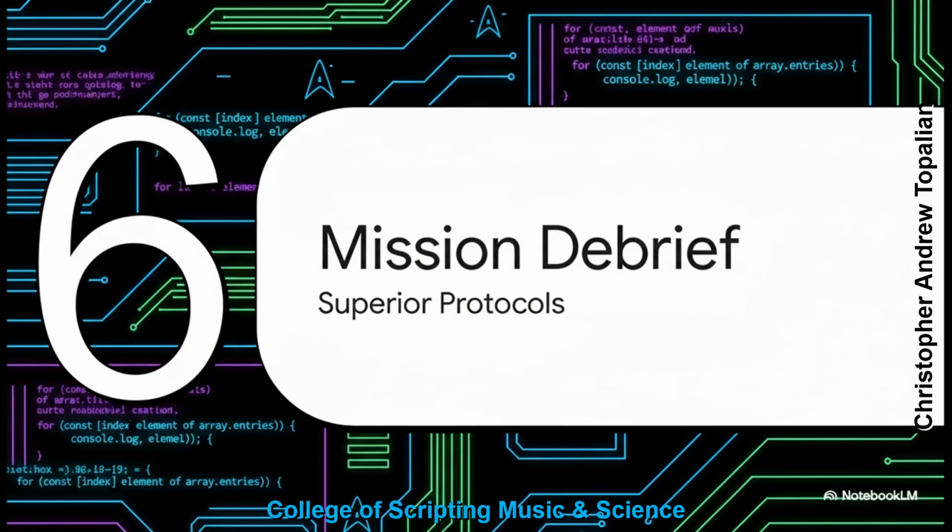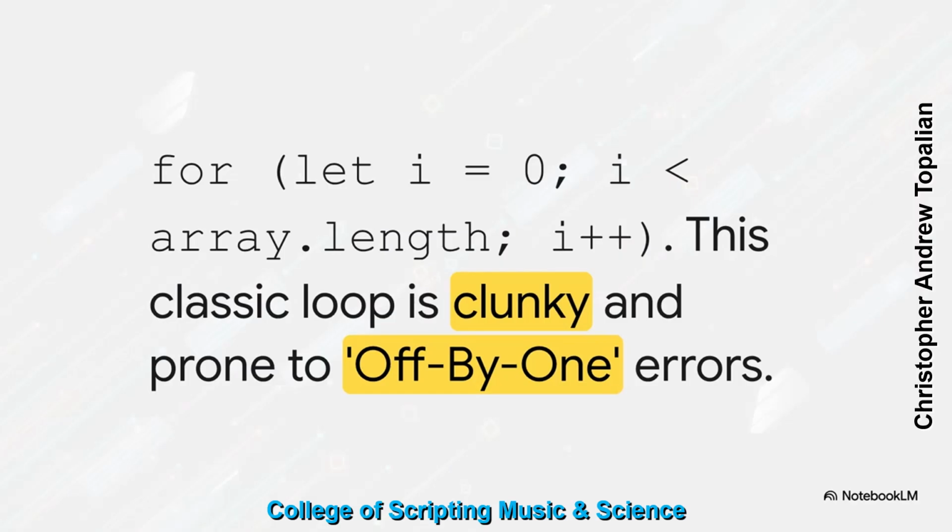So, let's wrap this up. Why is this modern way of doing things considered such a huge upgrade over the older, kind of clunky methods we used to use? I'm sure this looks familiar. The classic for loop. I mean, it works, right? But you have to manually create a counter, you have to check the length on every single iteration, and then you have to use that counter to go get the item. There are a lot of moving parts, and it leaves a lot of room for silly mistakes, like the dreaded off-by-one error.